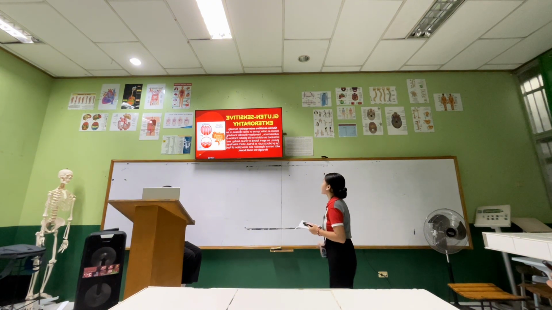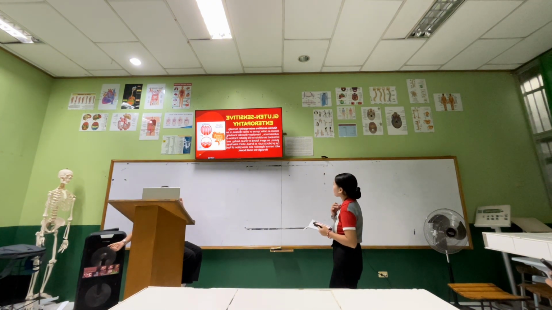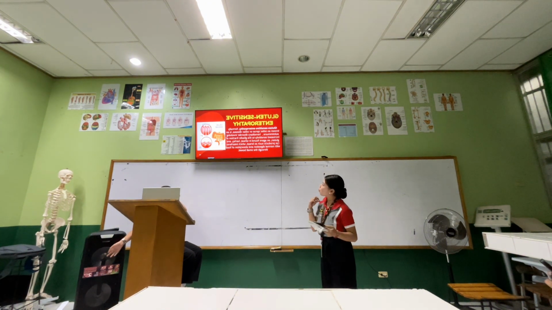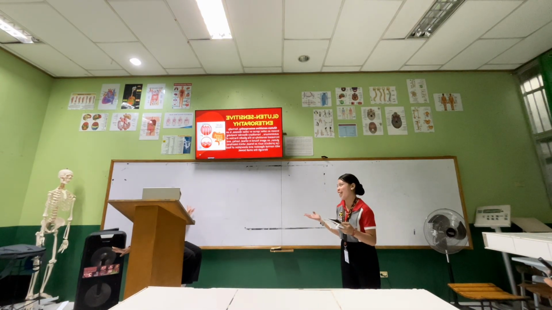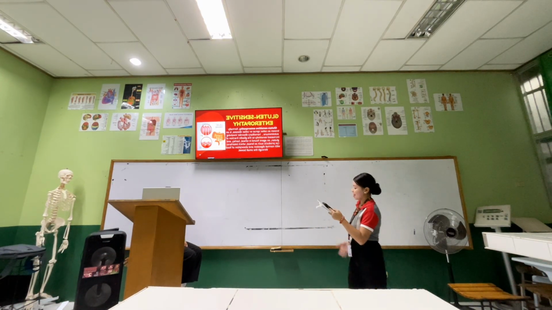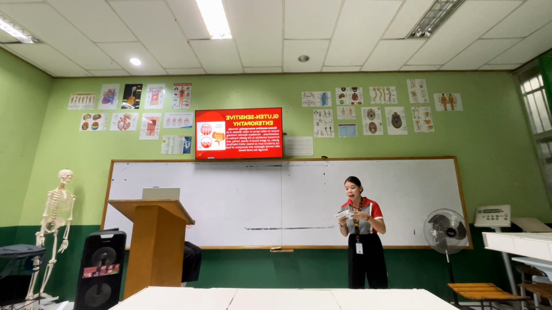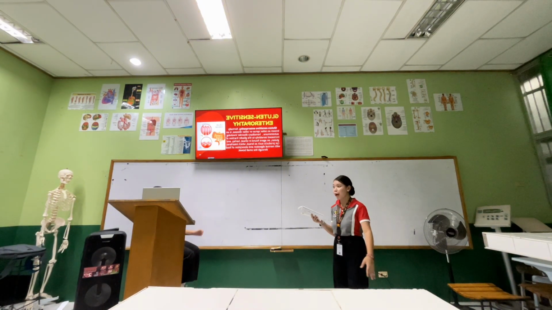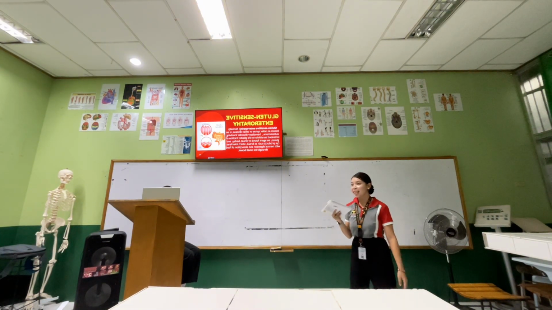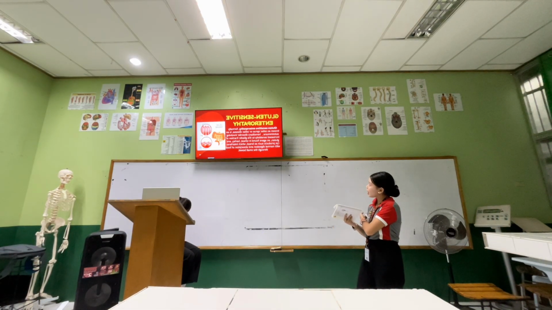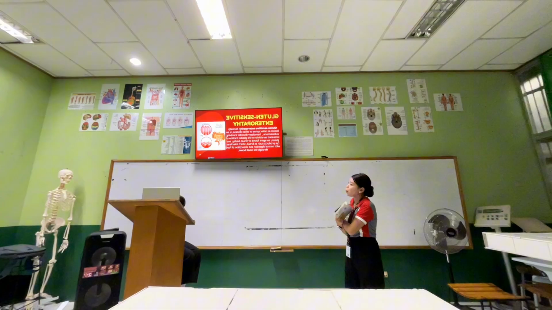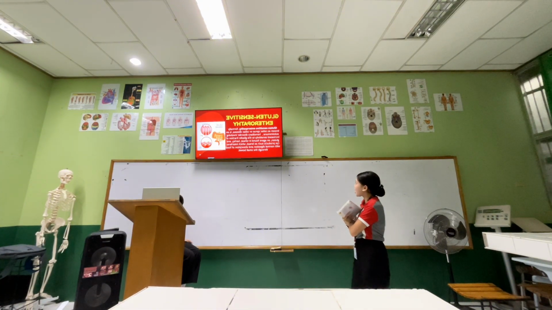So next is gluten sensitive enteropathy. So what's gluten? What do you think gluten is? So ang gluten, protein found in bread, pasta, and cereal. This disease is formally known as celiac sprue or celiac disease.